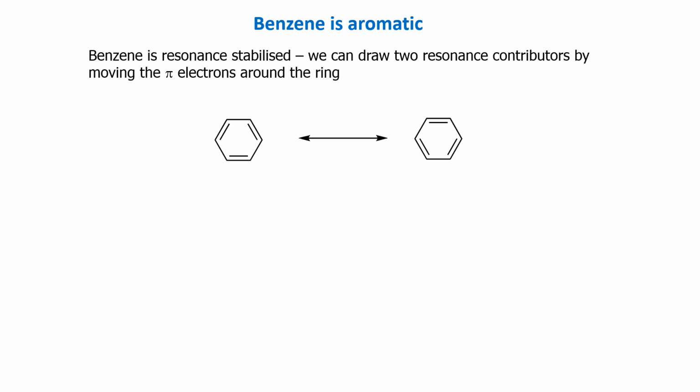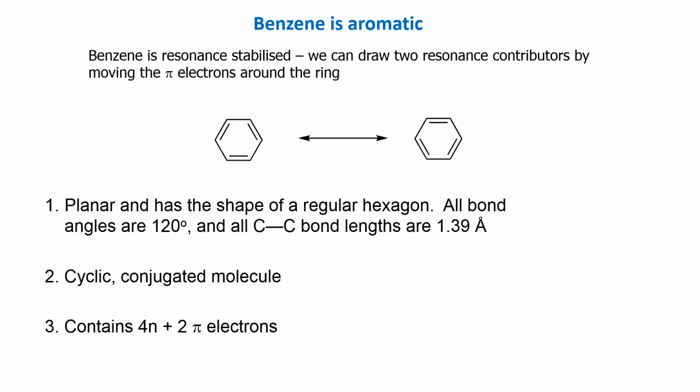Molecules that we can draw resonance contributors for are generally stabilized. In the case of benzene, we also know that this is a planar molecule. Each of those carbon atoms is sp2 hybridized, and all bond angles are 120 degrees.